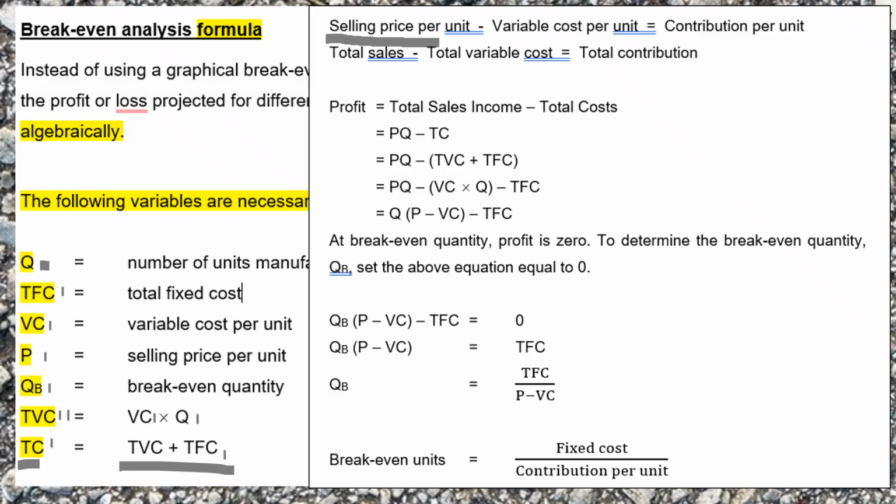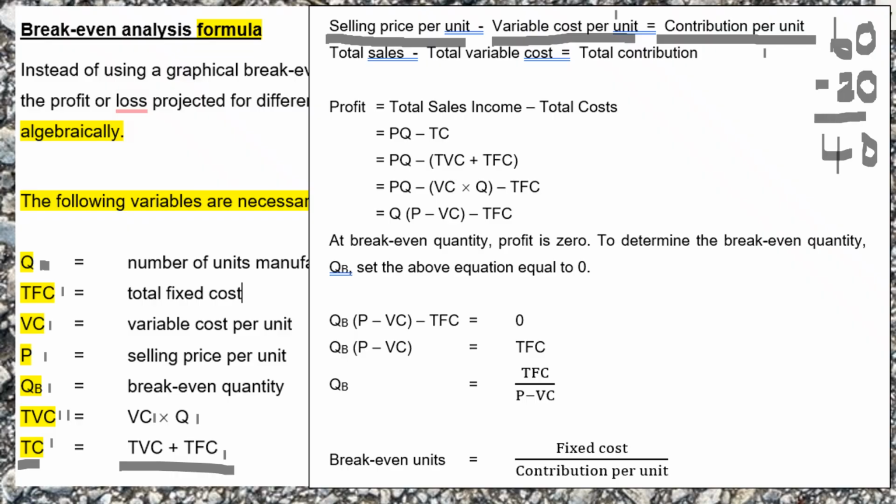Selling price per unit less the variable cost per unit is something called the contribution per unit. So in the example, from the table on the files, what we've been working with, there was a selling price per unit of 60, and less the variable cost per unit gives us 40 Rand, which is the contribution per unit.